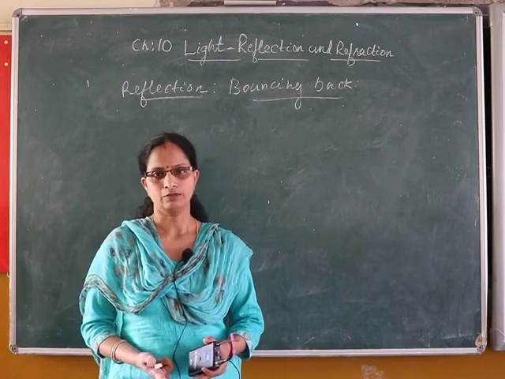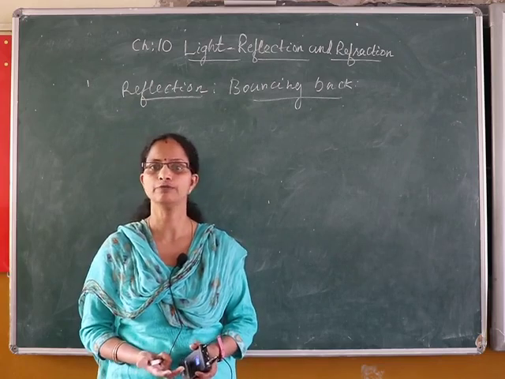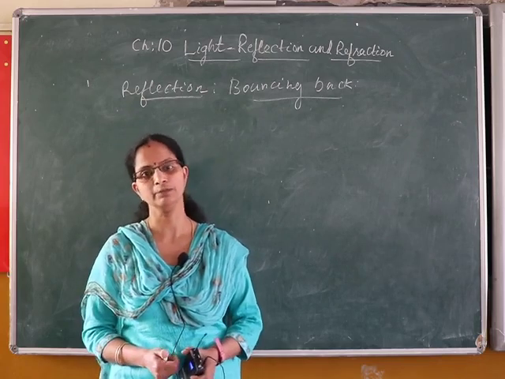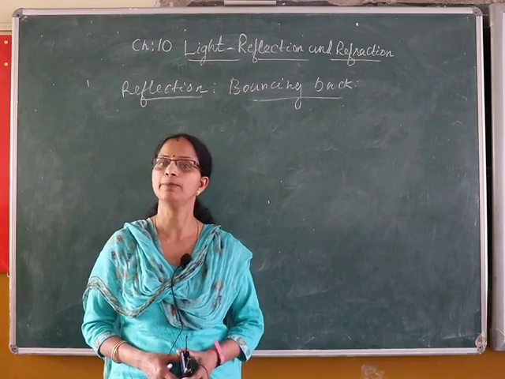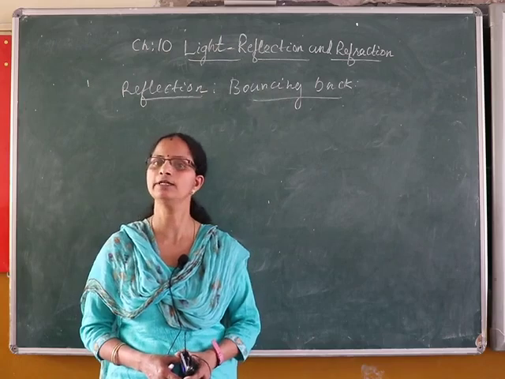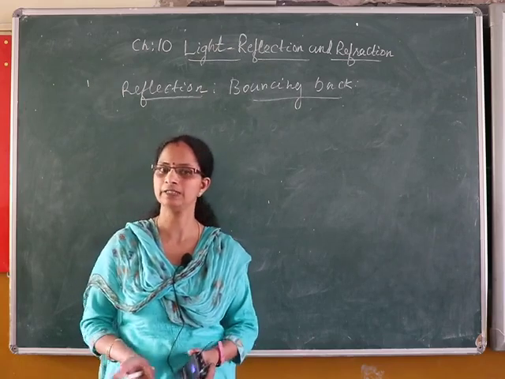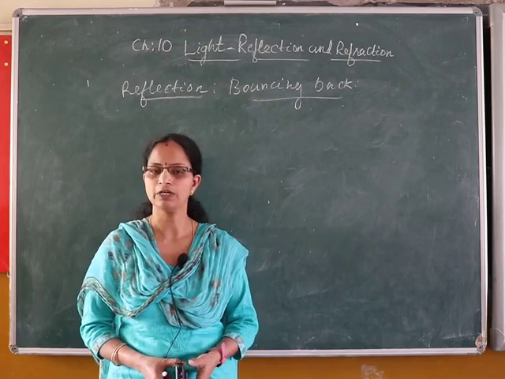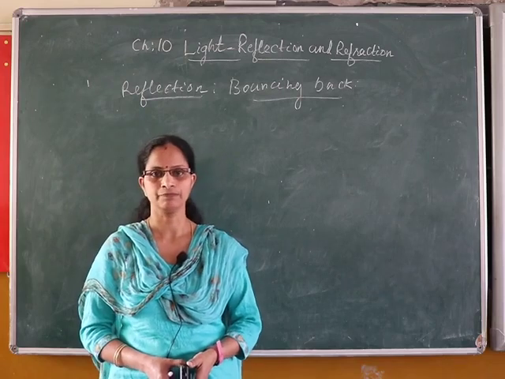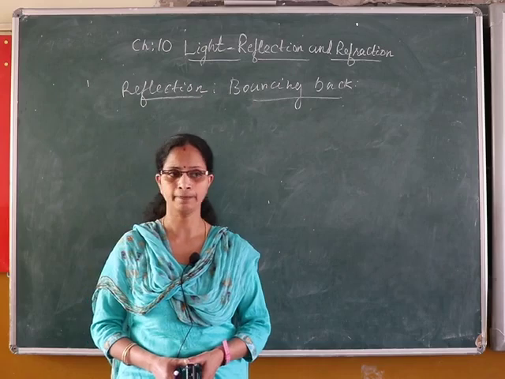The distance of the image from the mirror will be the same as that of the object from the mirror. And more importantly, the image formed in a plane mirror is always laterally inverted. The left side is seen as right and the right side is seen as left. That is lateral inversion. About this we have studied in our lower classes. This is the way in which an image is formed in a plane mirror.